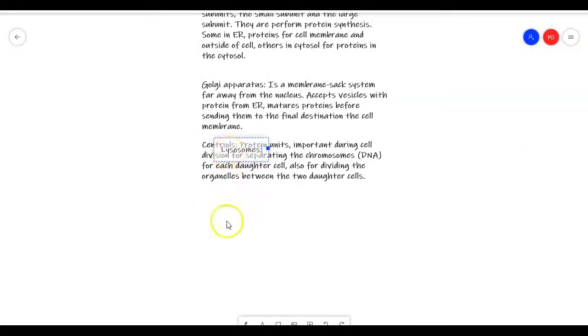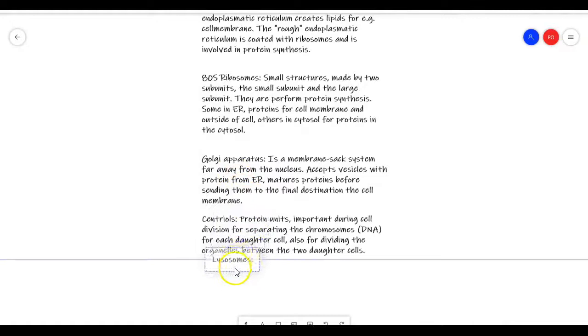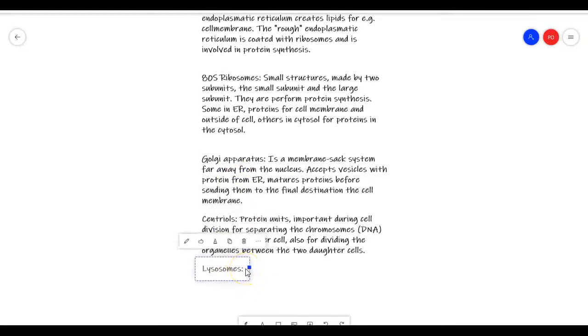So lysosomes, let's bring this to its own part here. Membrane sacs with digestive enzymes.